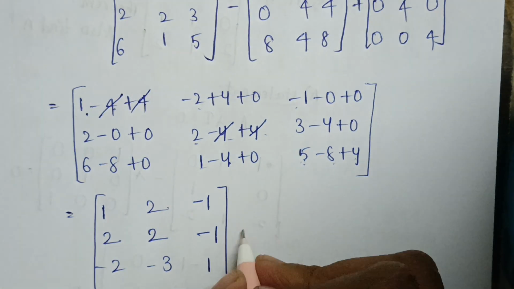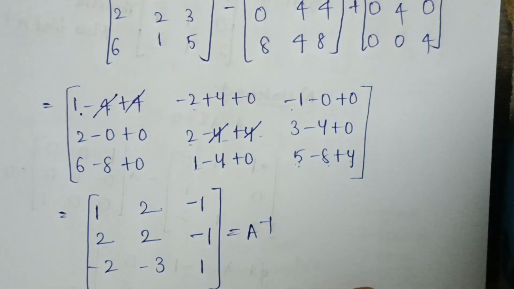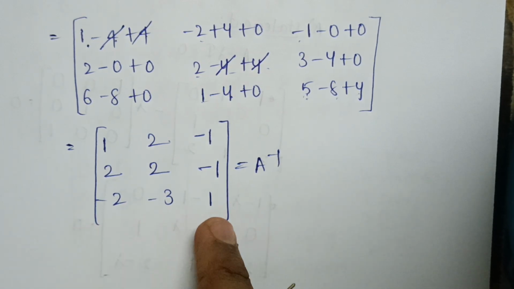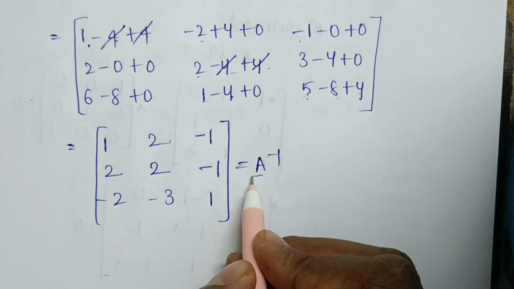So the obtained A inverse is 1 minus 2 minus 1, 2 2 minus 1, minus 2 minus 3 and 1.